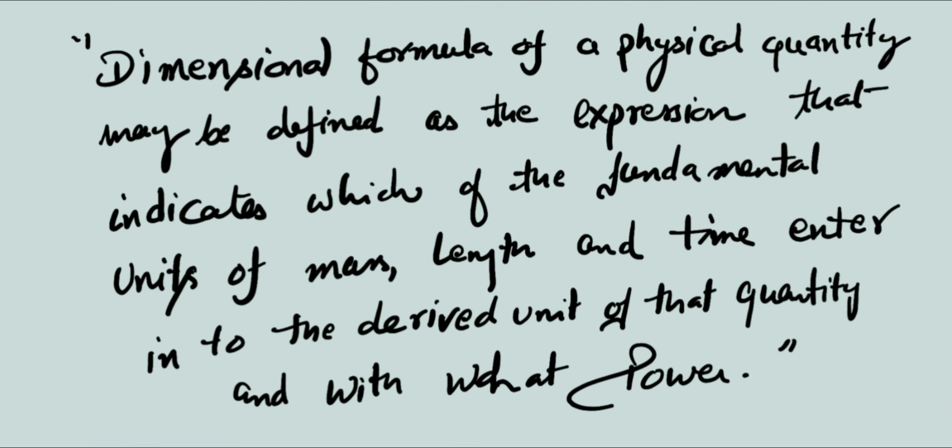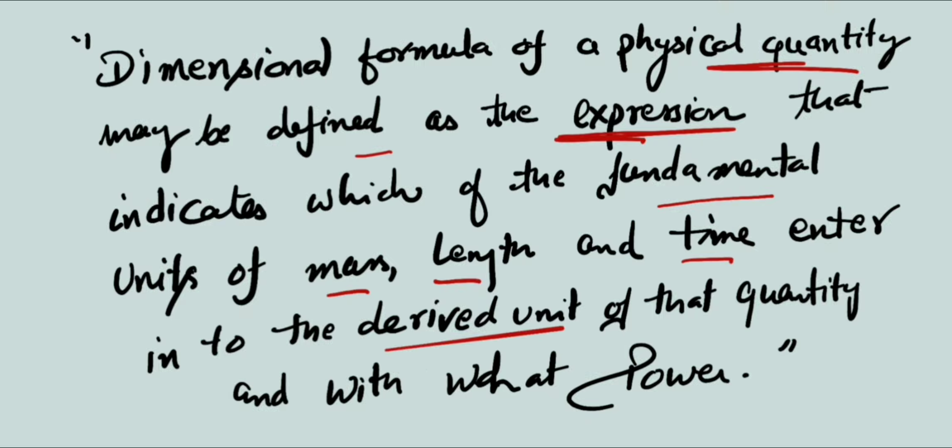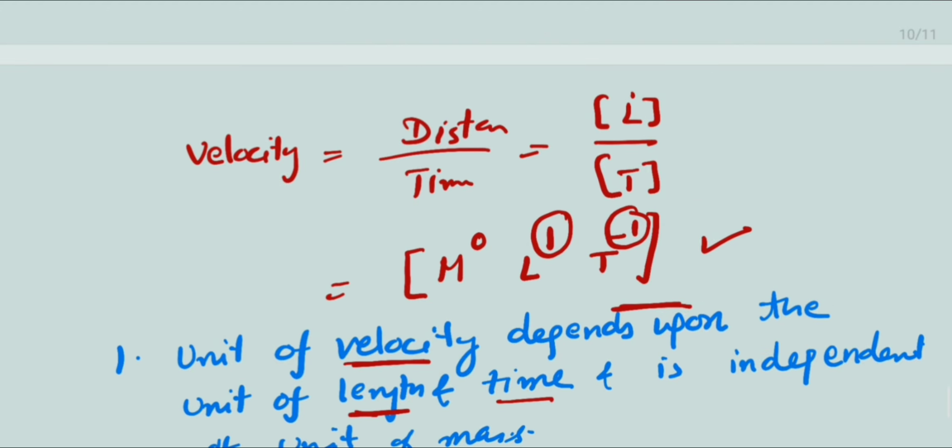So the dimensional formula of any physical quantity may be defined as the expression that indicates which of the fundamental units of mass, length, and time enter into the derived unit of that quantity and with what power. As in the velocity case, the power of mass is 0, the power of length is 1, and the power of time is minus 1.